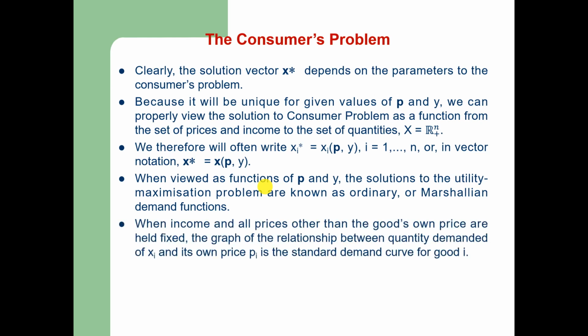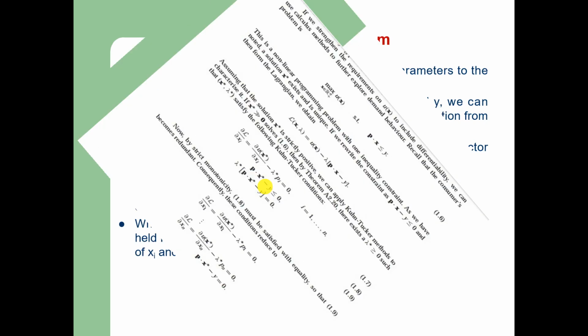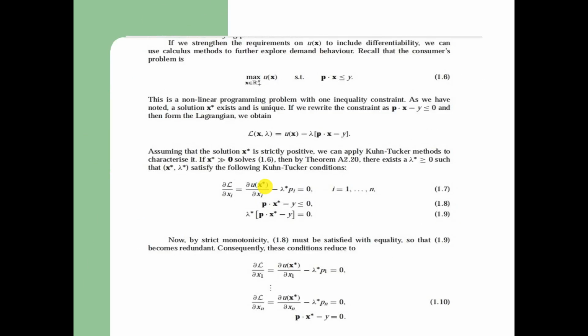When income and all prices other than the good's own price are held fixed, the graph of the relationship between quantity demanded of xi and its own price pi is the standard demand curve for good i. Here you can see more detail. In this case we have vectors.